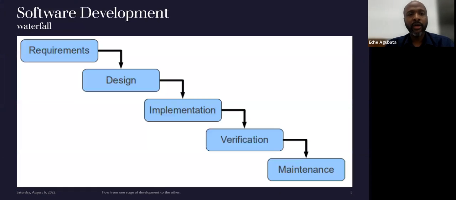like I said earlier, in the waterfall, we had dedicated teams for each of these phases. So what Scrum tried to do is to bring a representative of each of these phases and put them in a team called a Scrum team. Someone from the requirement side, someone from the design side, someone from the implementation side, someone from the verification side.